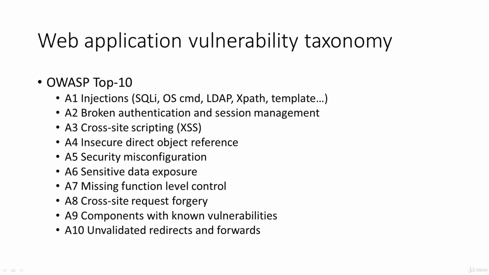And finally, the 10th category is unvalidated redirects and forwards. Sometimes web applications, and nowadays most web applications, normally redirect you as a user to different parts of it, and even outside the application to some other web apps that they pass over control of your further interaction with the business logic they implement jointly.